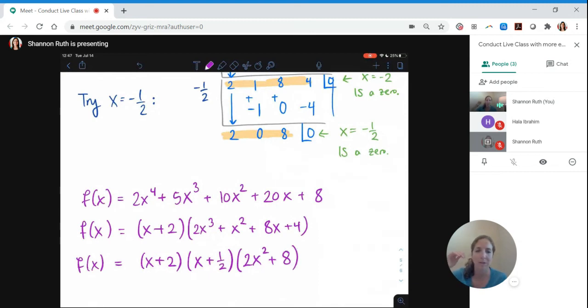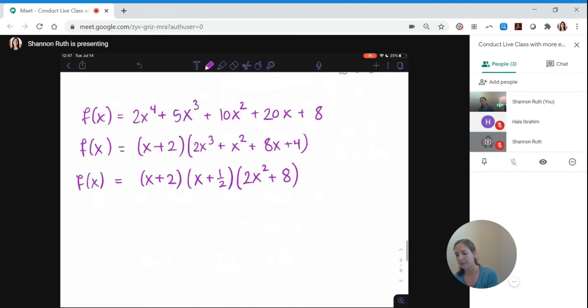So that would be showing just step by step what those different zeros mean about the factored form of the polynomial, just to make sure we're all realizing the connection between the zeros and the factors. So from there, again, we already know these zeros of x equals -2 and x equals -1/2. We had already stated those with our synthetic division.